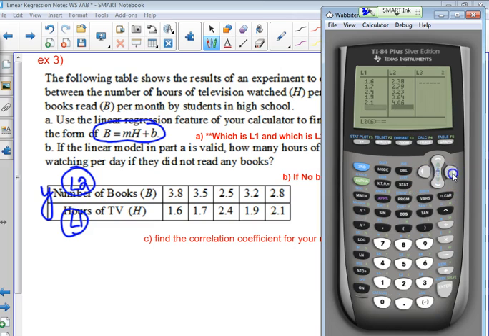Then go over to list 2. Again, up onto the title, clear enter if you want to get rid of those, and then put in the number of books. You do have to be able to do this as a skill on Wednesday's quiz, and you can't ask me where those buttons are. That's what you need to know.